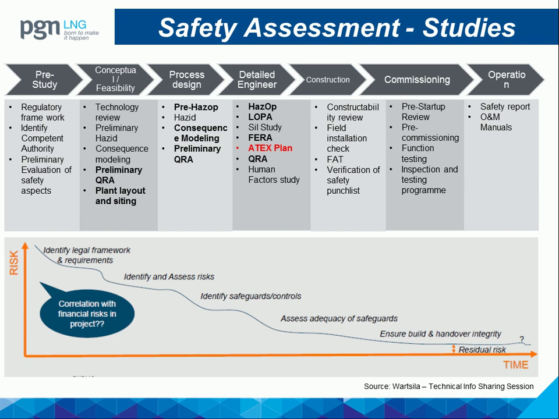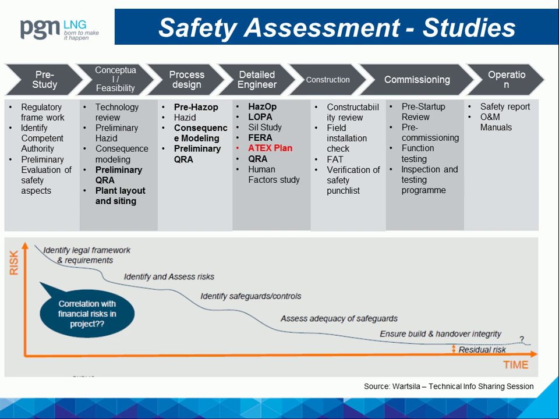This is an example of safety assessment studies. I got it from Wärtsilä during their technical info sharing session. This is only typical, it's not really that you should do all the things. Sometimes we as a project or as a company pre-select what kind of safety assessment or risk assessment we would like to do on our project.